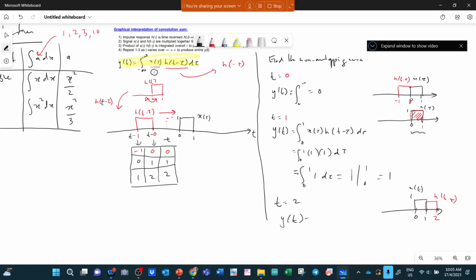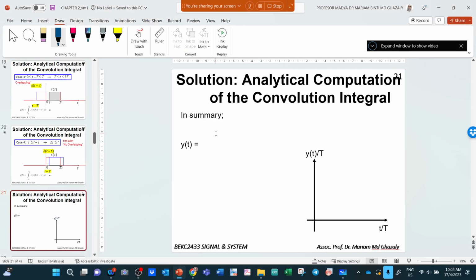Y t equal to 0. Another way to write this equation, if you don't want to get confused, is that you can write here y0. Y0 is equal to 0. This is y1. This is y2 equal to 0. Okay.